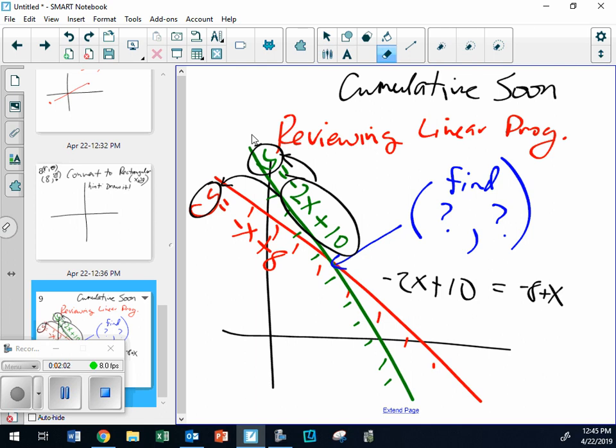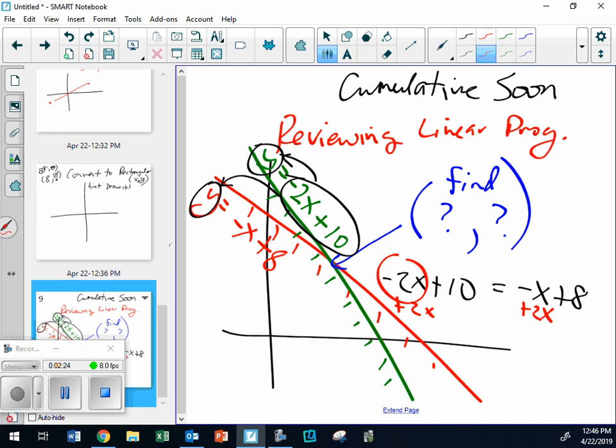First of all, you better write the problem right, or it's never going to work. Negative x plus 8. The smart way is to get rid of the smaller one, and that is smaller. So I'm going to add 2x to both sides. You could add x to both sides, but then you'll carry around an extra negative that you wouldn't have had to. If you added 2x to both sides, give yourself the gold star. You did it the smart way.